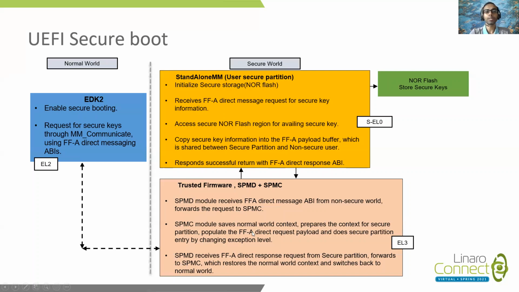SPMC module saves the normal world context and prepares the FFA payload for jumping into the secure partition, and it prepares the context for jumping into the secure partition. Once the change of exception level is done, the request reaches the secure partition, which is StandaloneMM in this model.